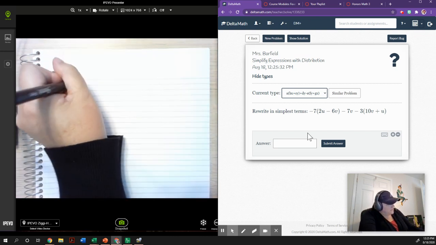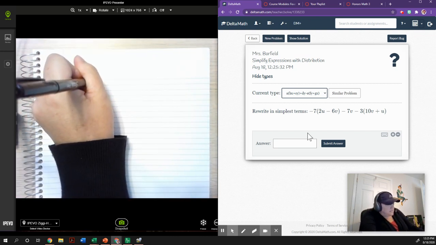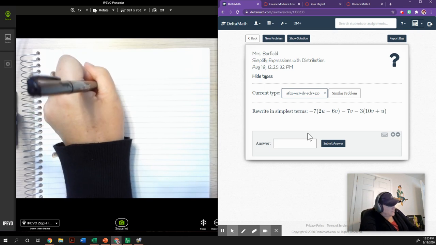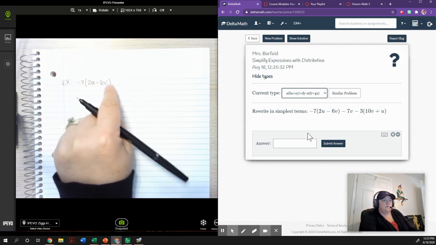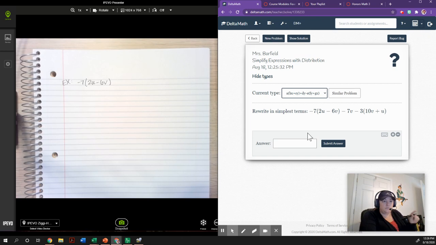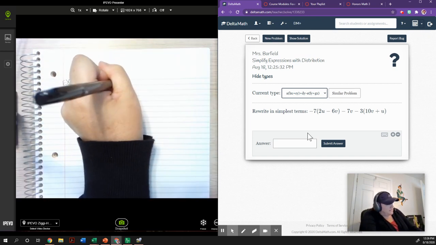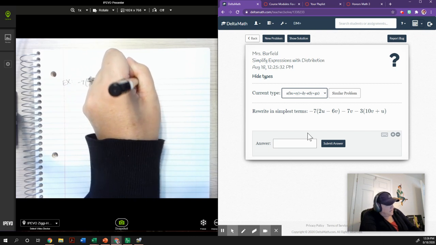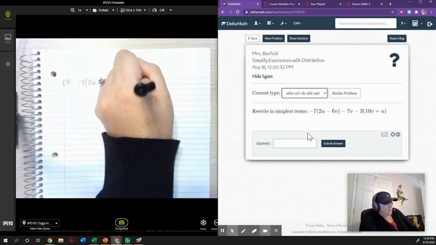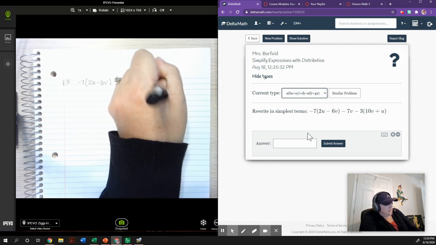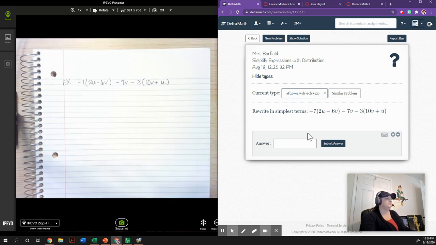So -7 parentheses 2u minus 6v. That tells me right there I got two different terms in there. I've got u's and I've got v's. Minus 7v minus 3 parentheses 10v plus u.